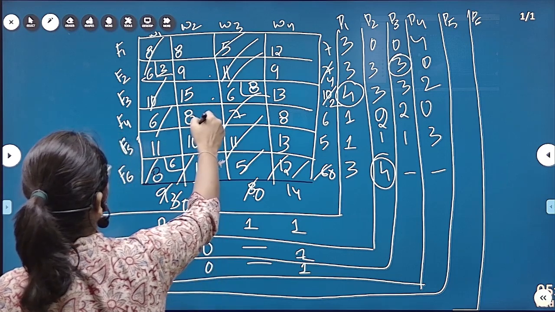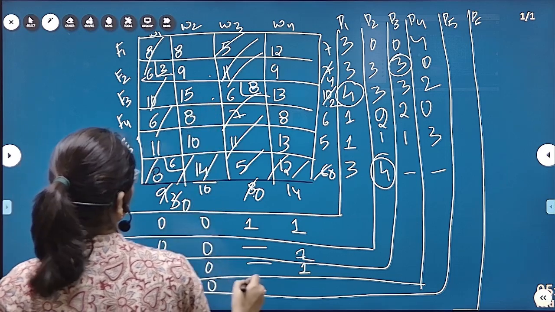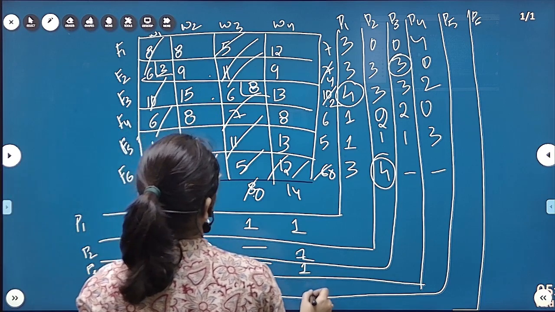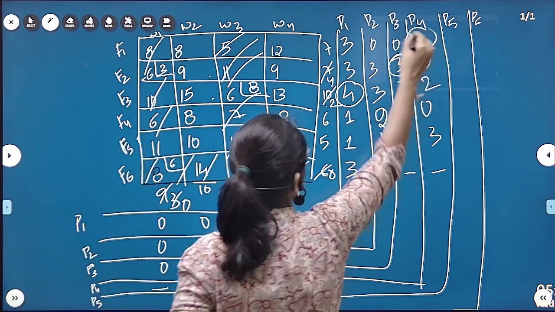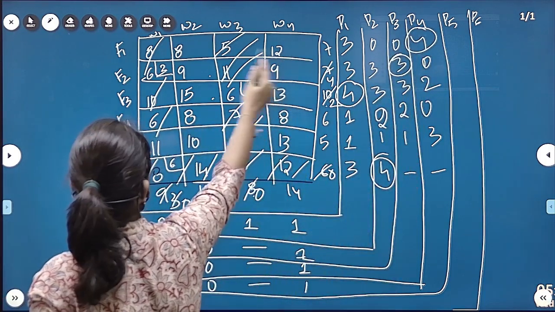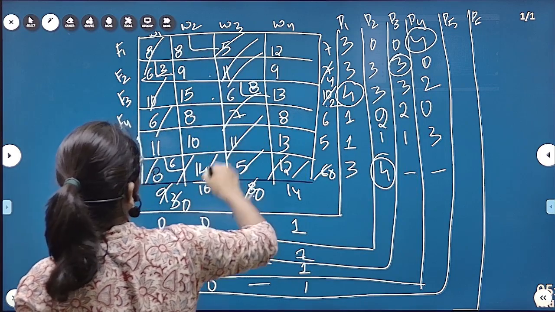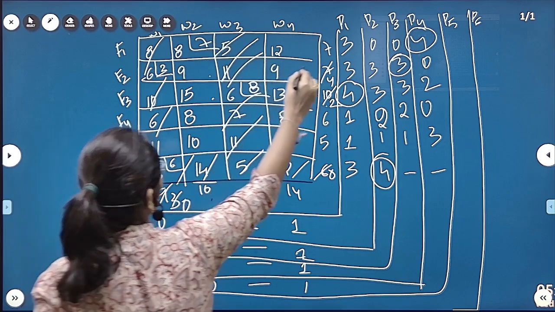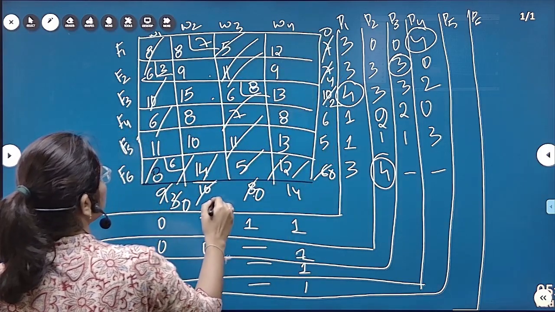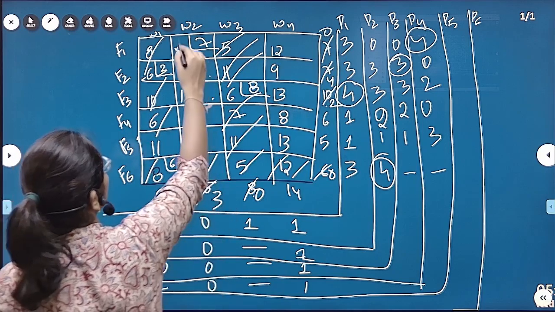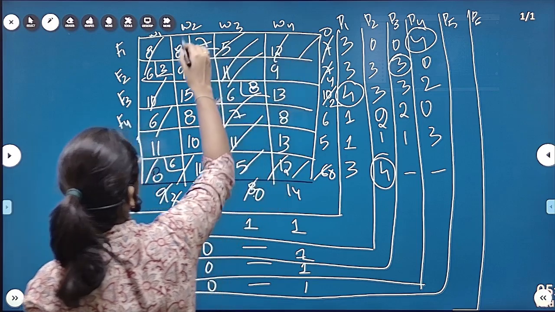And here 8 minus 8, 0. So tell me the higher number is 4. So here the least cost is 8. So how many units we can take? 7 units we can take. So 0. And here how much? 3. So cancel this.